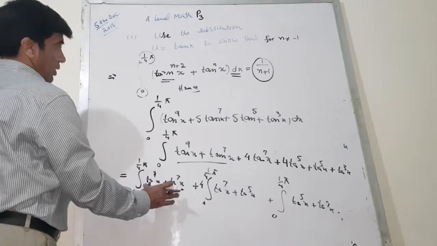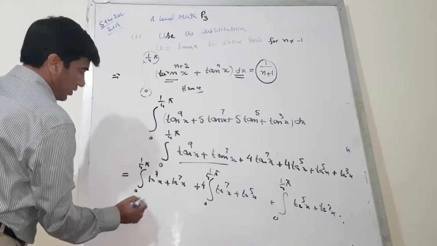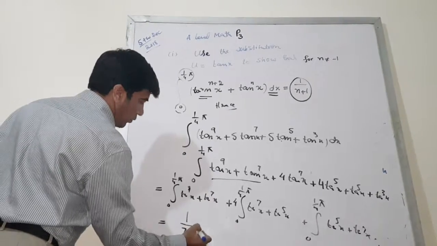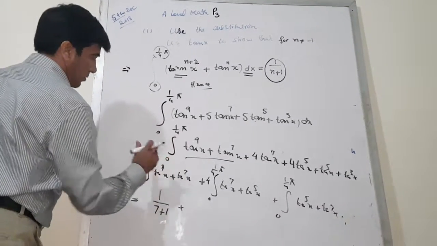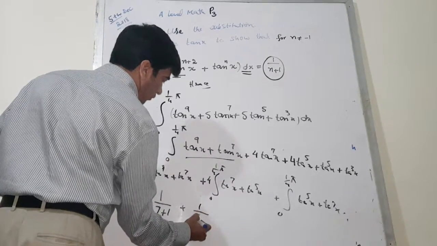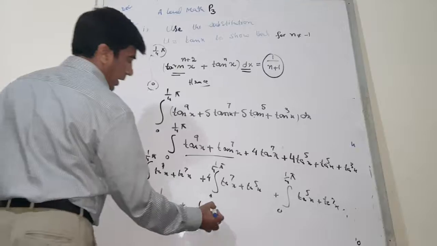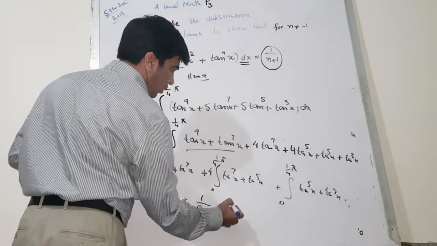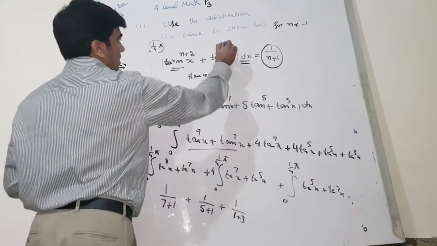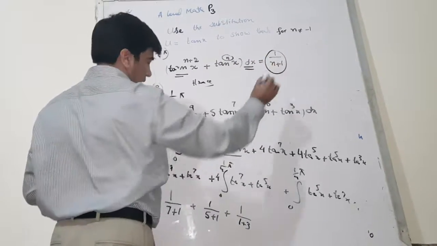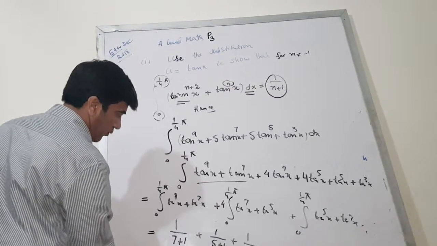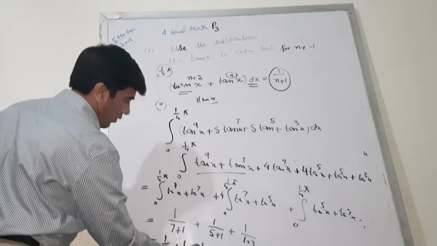As you have already seen, the answer of this would be 1 over 7 plus 1. The answer of this part would be 1 over 5 plus 1. And the answer of this part would be 1 over 3 plus 1. Because n is there, the answer is 1 over n plus 1. So this way you get 1 over 8, 1 over 6, 1 over 4.